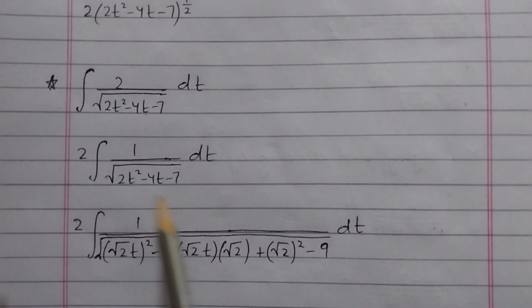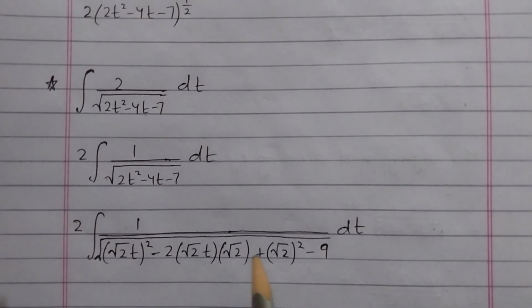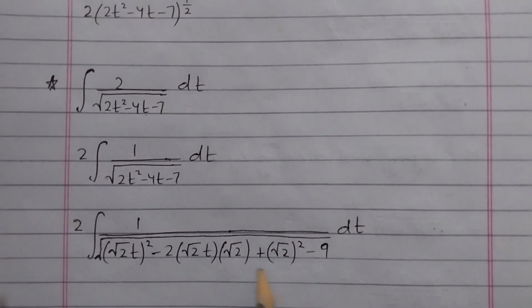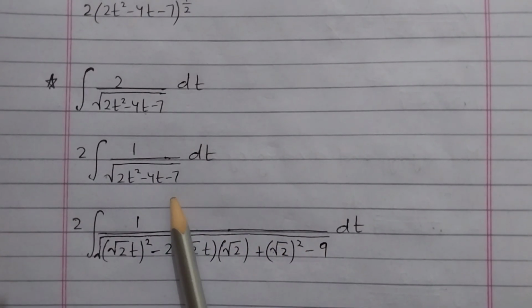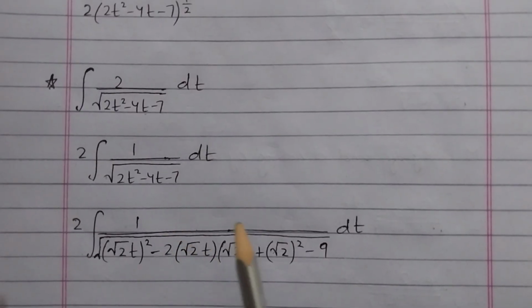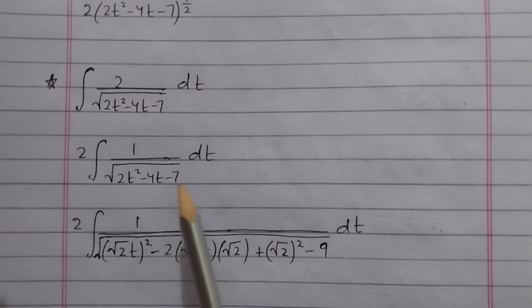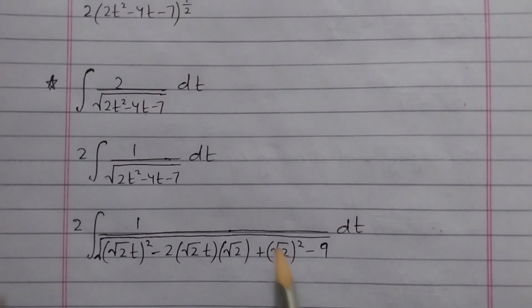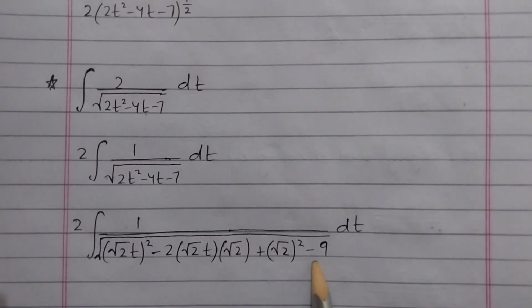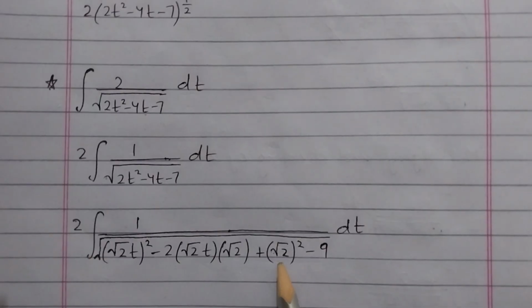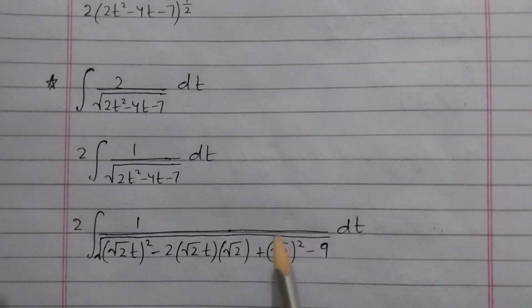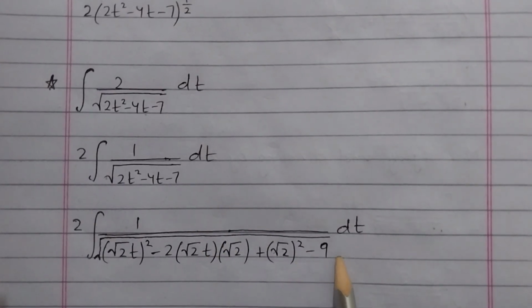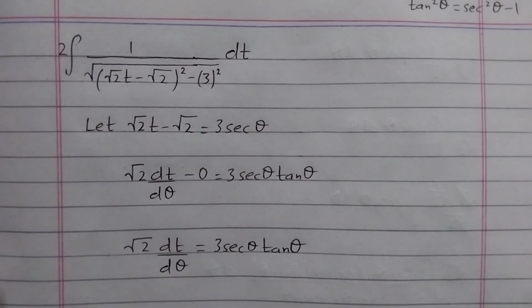This gives us this and this gives us this, but this square root 2 whole square is not equal to minus 7. So we need to come up with some term which, combined with this square root 2 whole square, gives us minus 7. So that term is basically minus 9. Square root 2 whole square is simply 2, square and square root cancel out. Minus 9, so 2 minus 9 is minus 7. So that's why I have written minus 9 here.